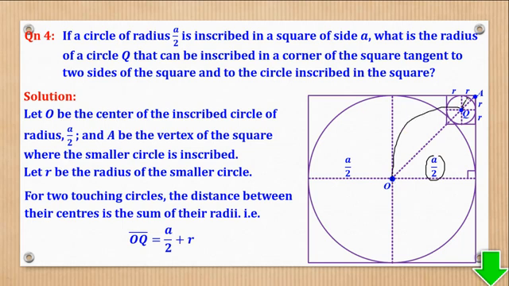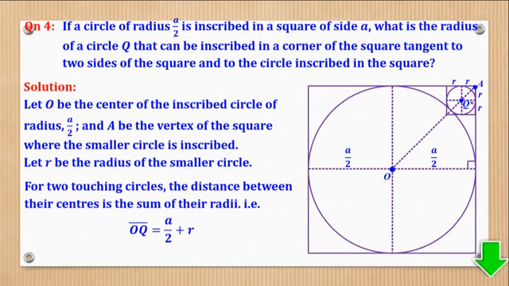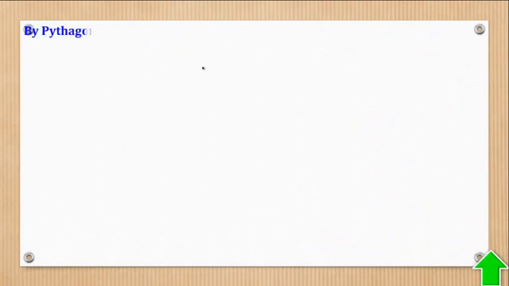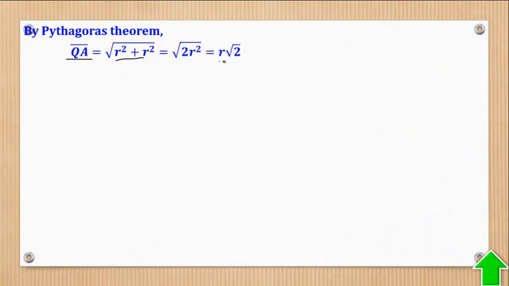I can get this remaining part, which is QA, from Pythagoras theorem. So QA will be this, which gives you R root 2.